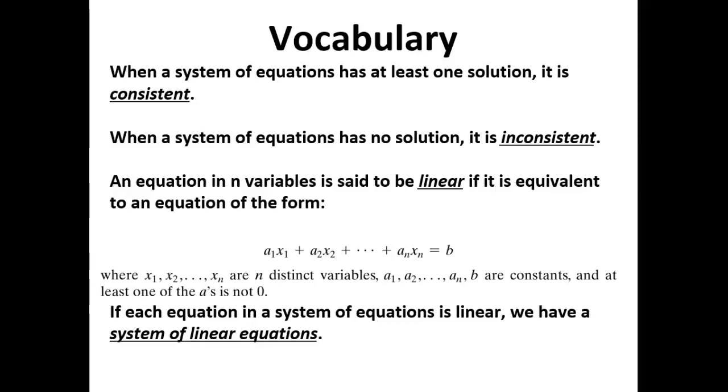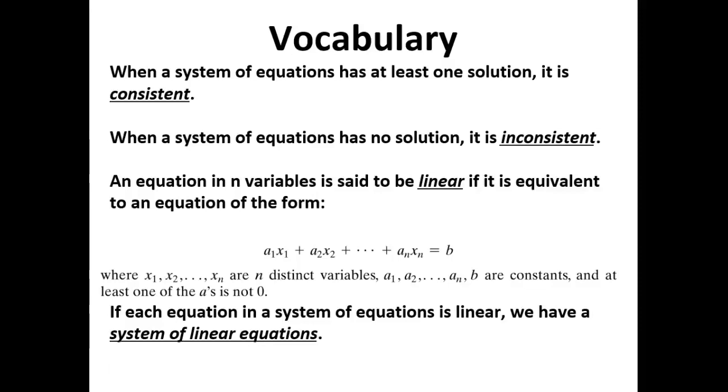Some more vocabulary: when a system of equations has at least one solution, it's called consistent, meaning it can work out. When a system has no solutions, it's inconsistent. Sometimes we can get a system of equations where we can't find a solution that works for all of them. Then it's inconsistent.